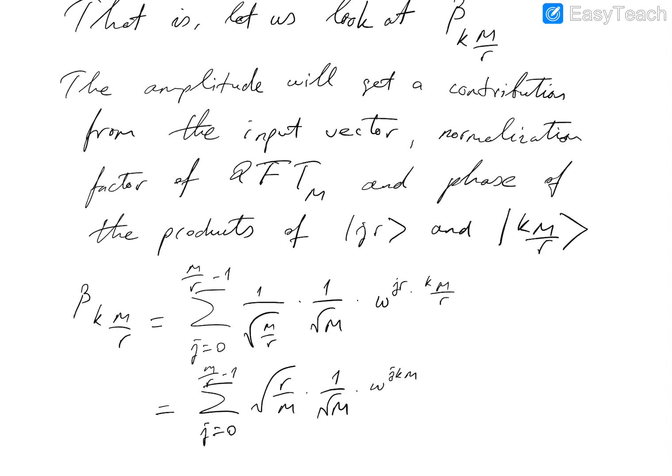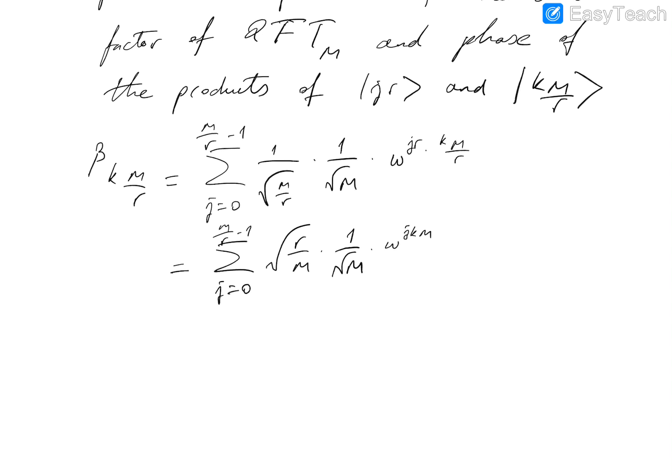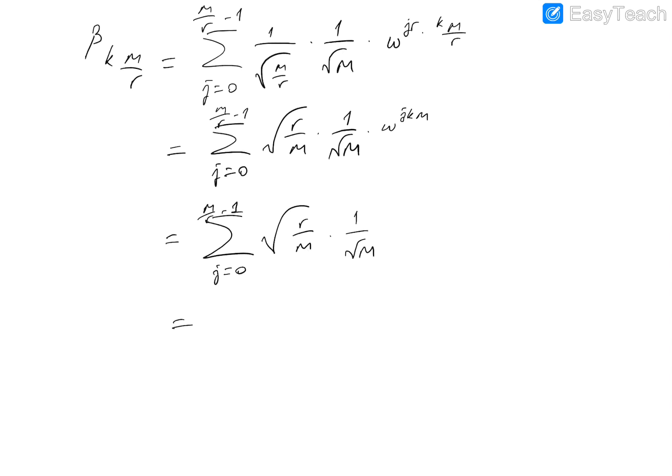So since any multiple of omega to the m is equal to 1, this simplifies to square root r over m times 1 over square root m.